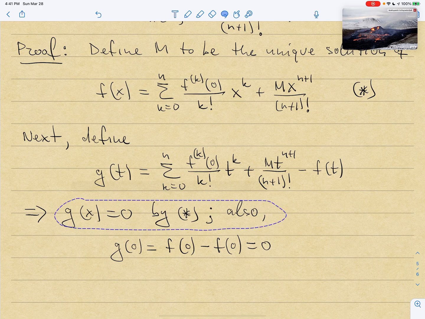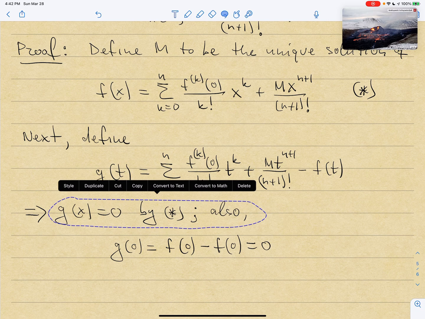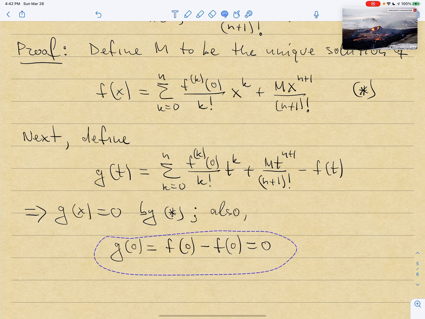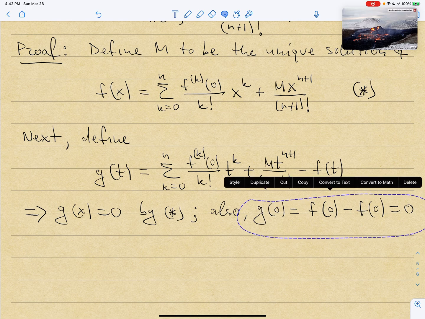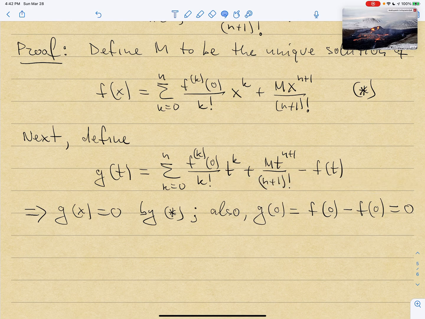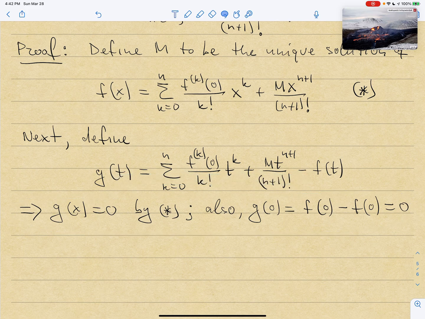Okay, so we have that. Well, have we seen recently any theorem where we had a function which was equal to 0 at two endpoints of the interval? Yes, we have, right? And that was Rolle's theorem.